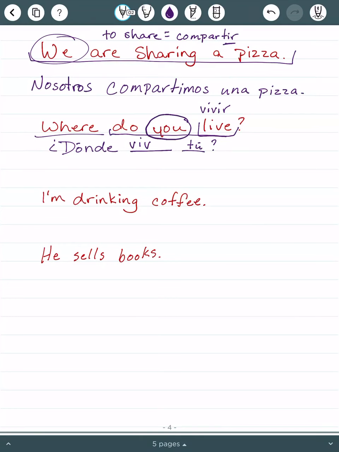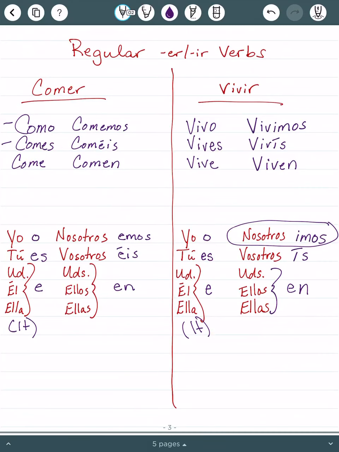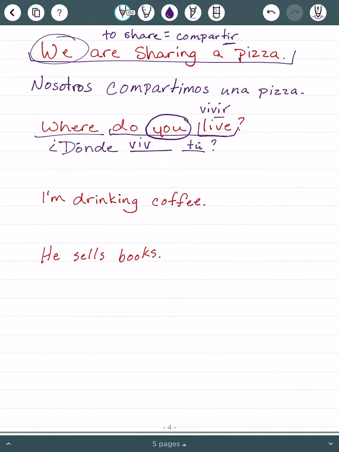So again, take off that IR. It's an IR verb. Refer back. The tú conjugation for an IR verb ends in ES. Dónde vives? And you don't have to have the tú there. You don't have to have the nosotros there. Sometimes it's for emphasis or clarification.